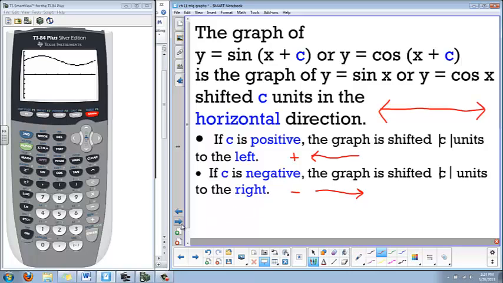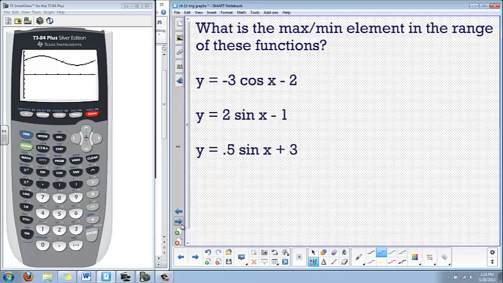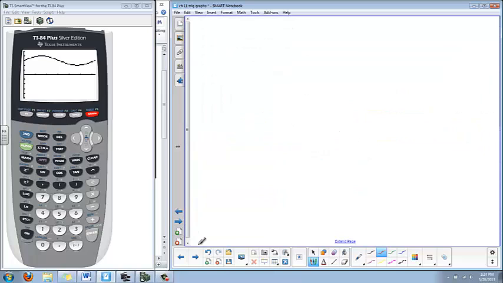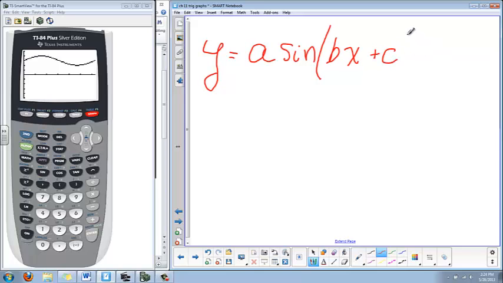Okay? Let's see if we have an example of that. We don't have an example of that. But before I do this question, I kind of just want to summarize for you. So we have y is equal to a sine of, in parentheses, b x plus c, close those parentheses, plus d.